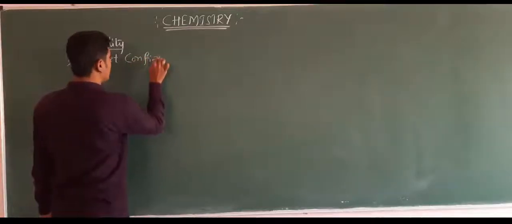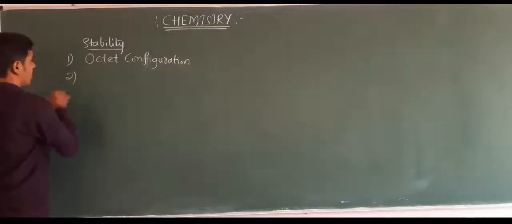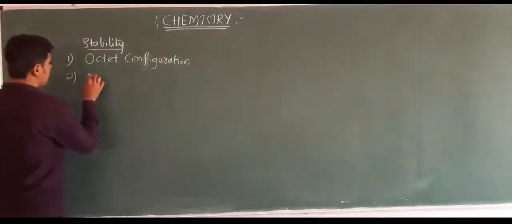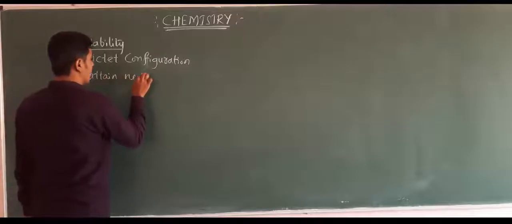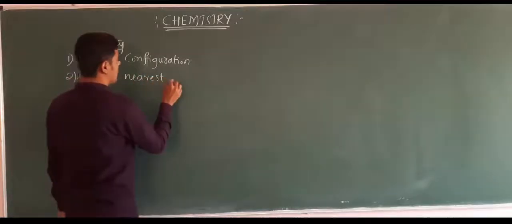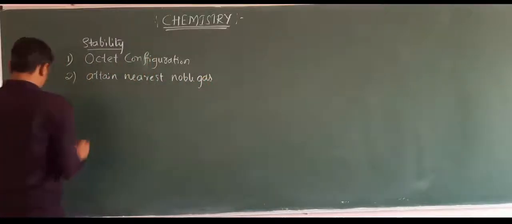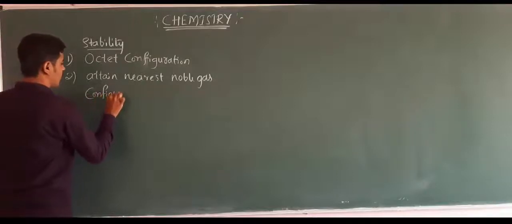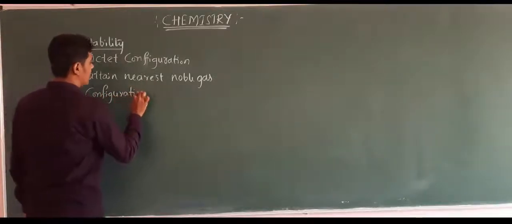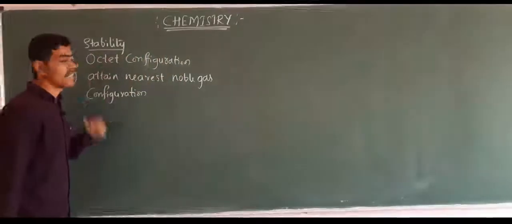Octet configuration, this is one of the conditions. Another one is it must attain the nearest noble gas configuration. Nearest noble gas configuration, that we should know. These are the conditions required to attain the stability of an atom.